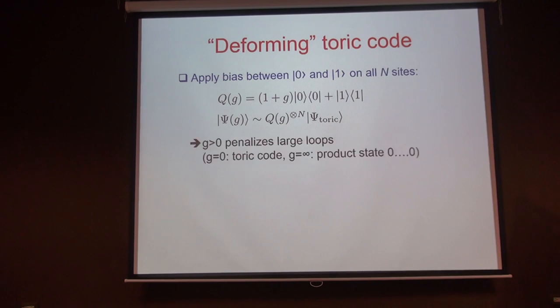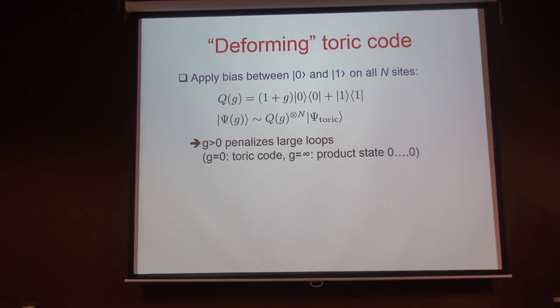So you can imagine that g in some sense penalizes large loops. When g equals 0, there's no penalty, and we know that this is the toric code ground state. This is what we start with. If you start increasing g, you will penalize large loops of 1.